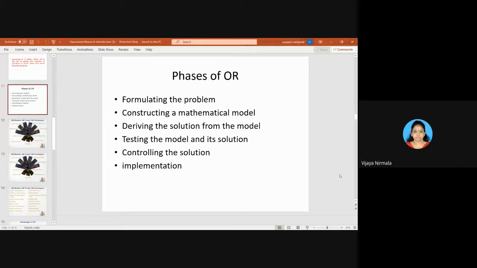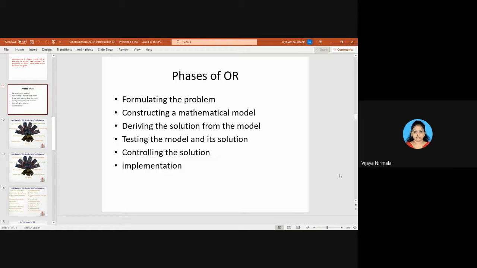The first phase is formulating the problem. The next one is constructing a mathematical model, and deriving the solution from the model.